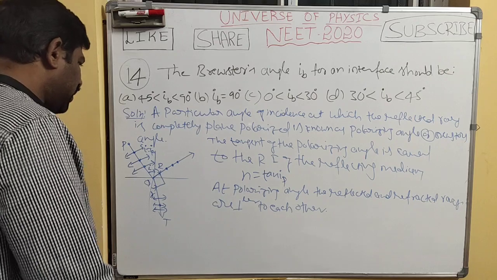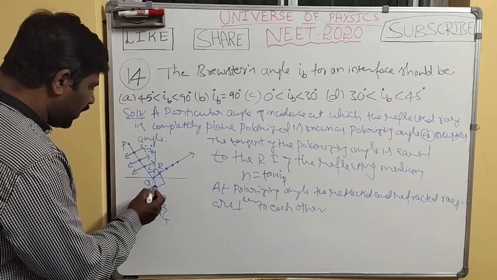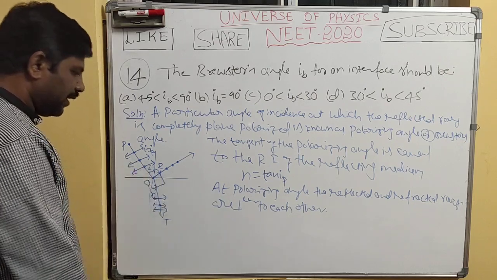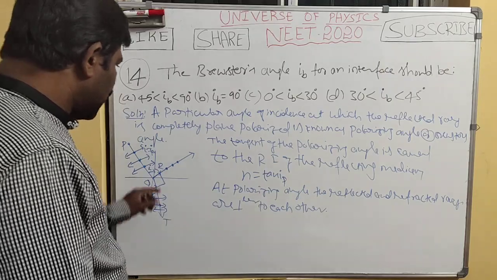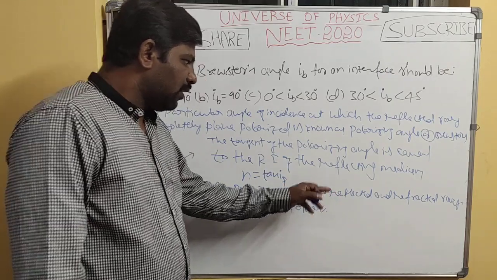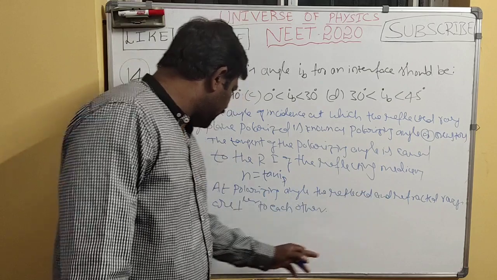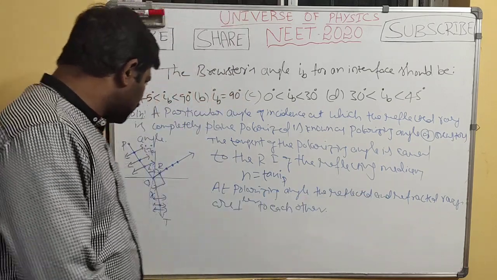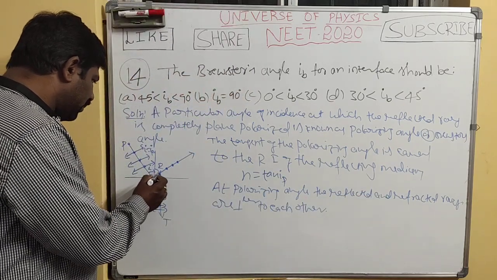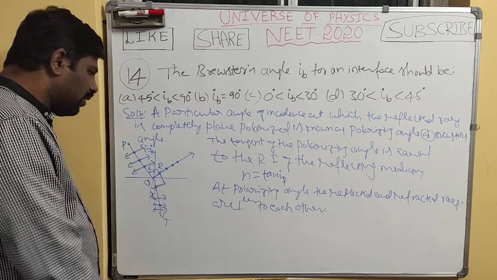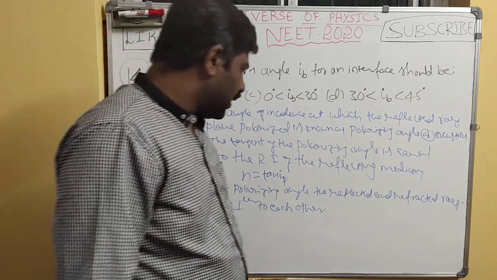It means the angle between the reflected ray and the refracted ray is equal to 90 degree. That is nothing but the angle between this reflected ray and refracted ray being equal to 90 degree.